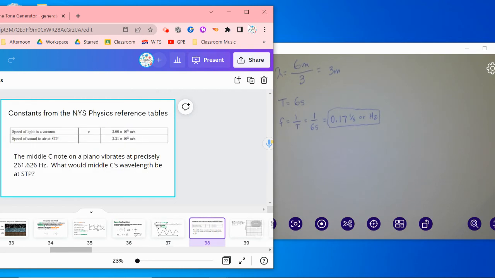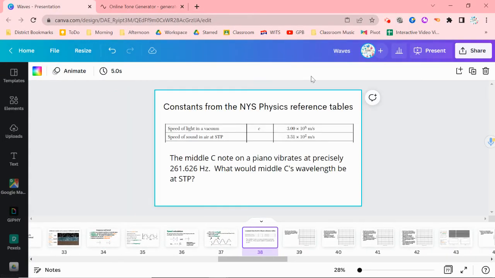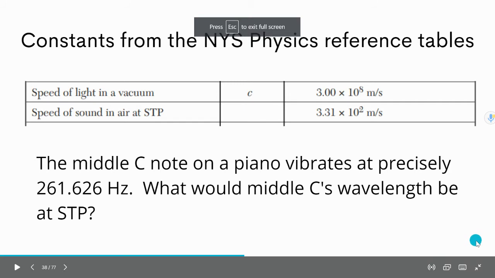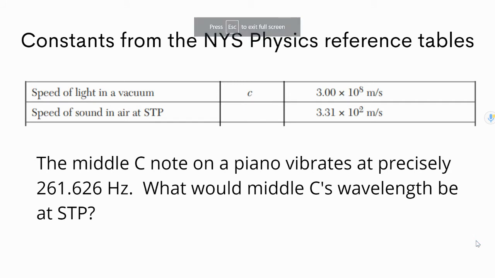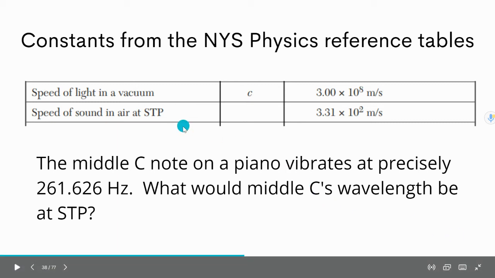Next, we might also come across some problems where we need to determine the speed or the wavelength when you're given a frequency, or maybe it isn't obvious what the speed is, but our reference tables tell us certain speeds.